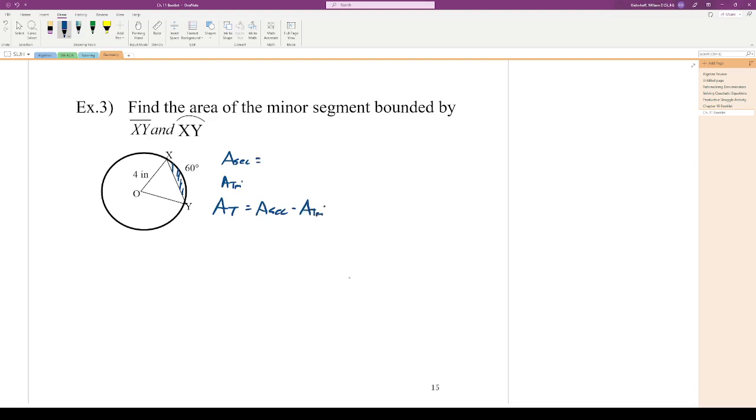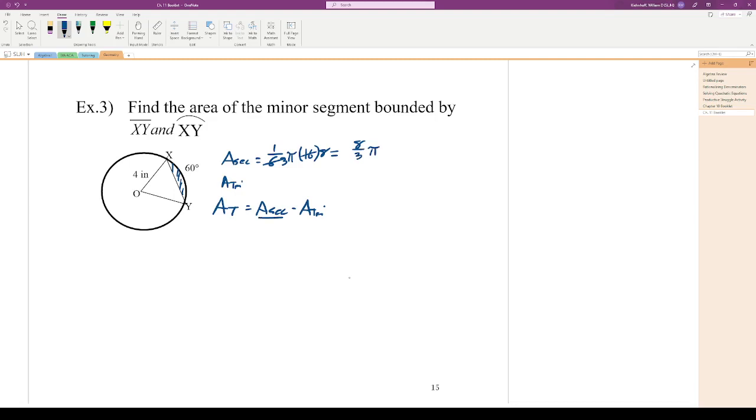So our sector, we have 60 degrees out of the total 360. That's 1/6 of our area. And then we have pi times 4 squared. So pi times 16. 16 over 6 simplifies to be 8 over 3. So that's as simple as that gets, 8/3 pi. And that's in square inches, and that's this part here.